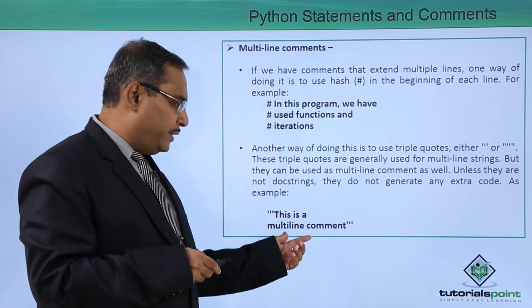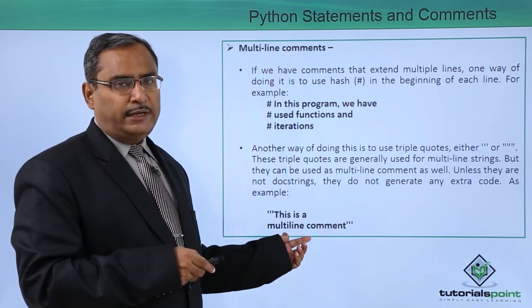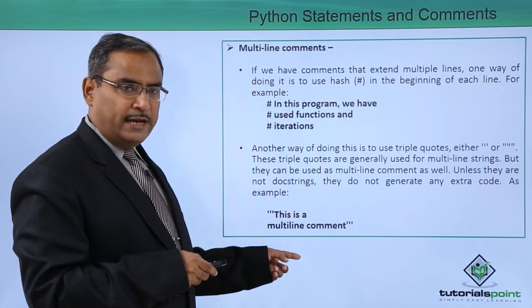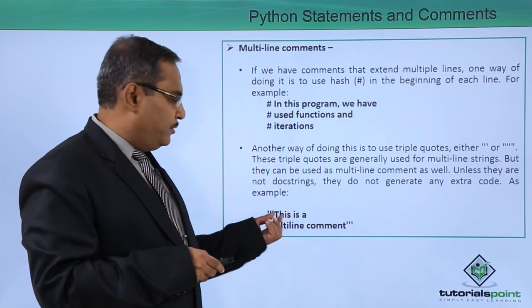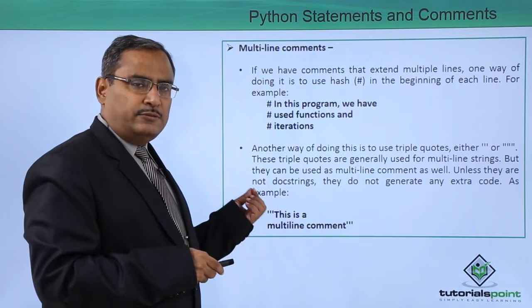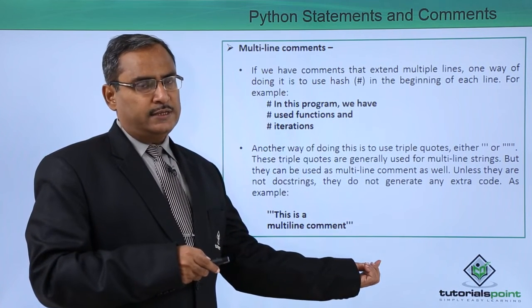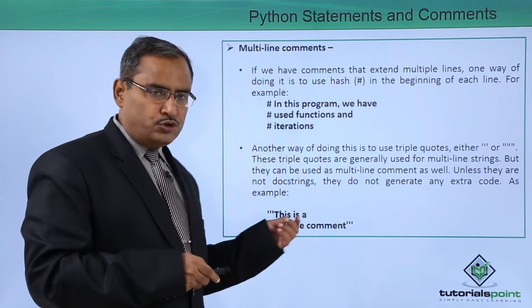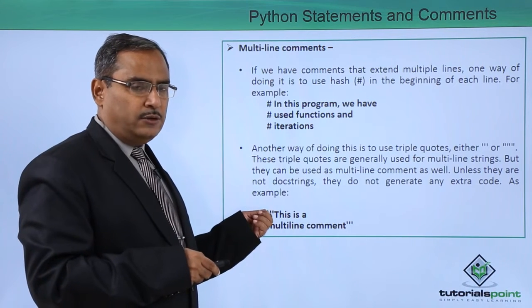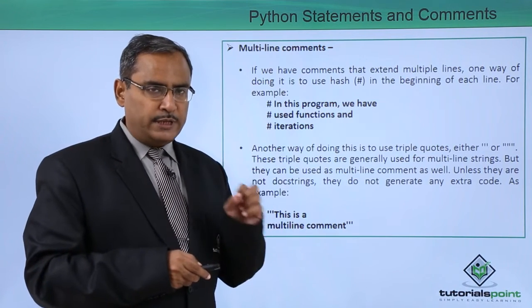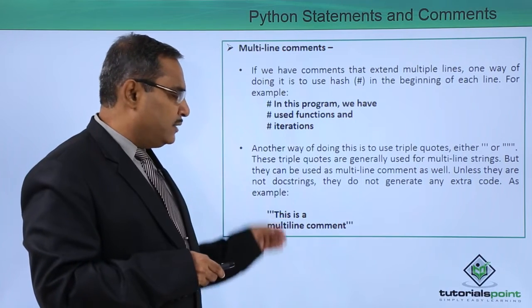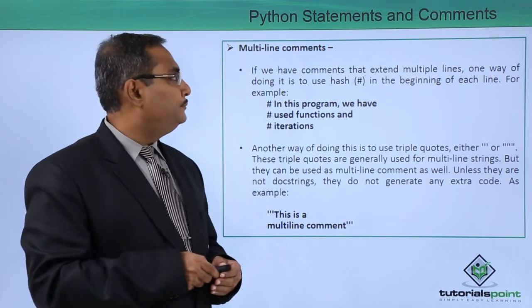Here you see a multi-line comment. I can have multiple lines, but the first line is preceded by three single quotes, and the last line has three single quotes at the end. We can also use double quotes in place of single quotes, but in both cases we use them three times. That is the way to write a multi-line comment.